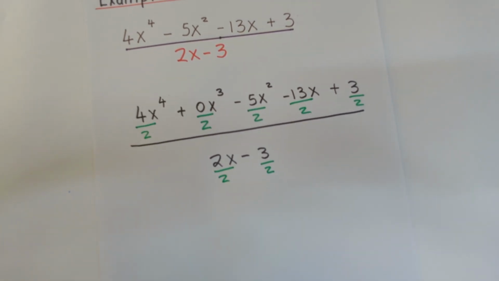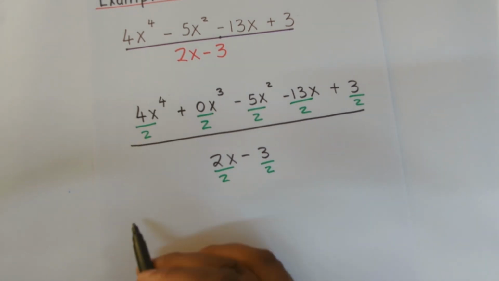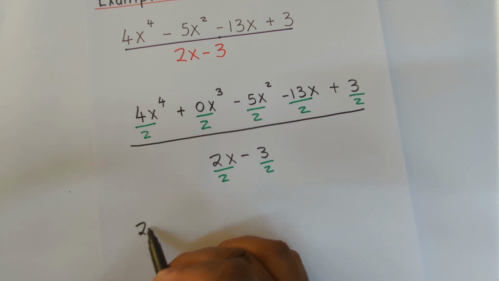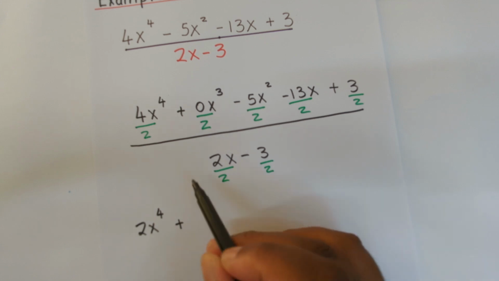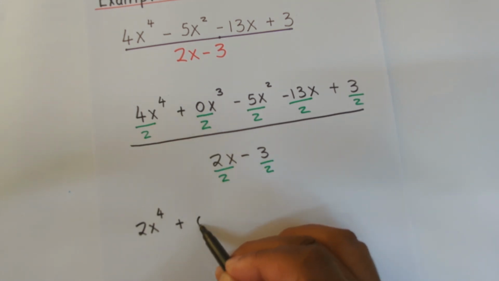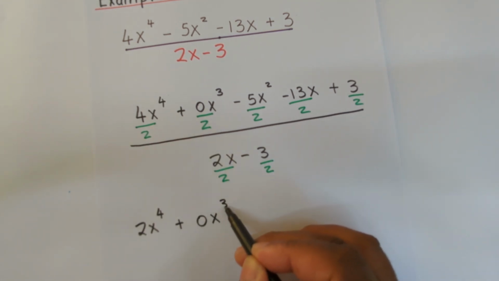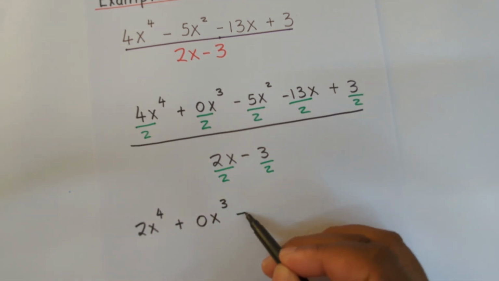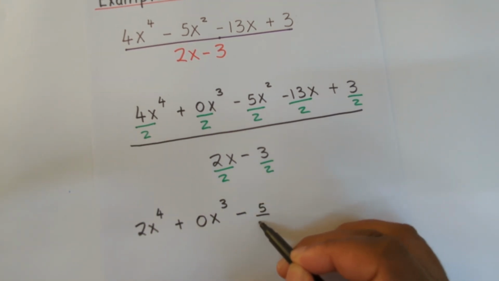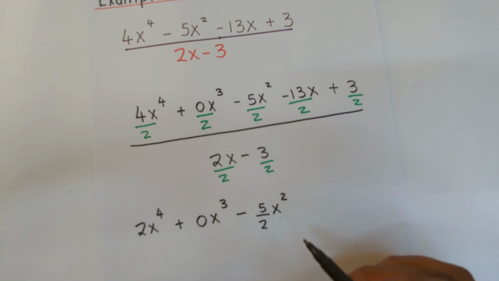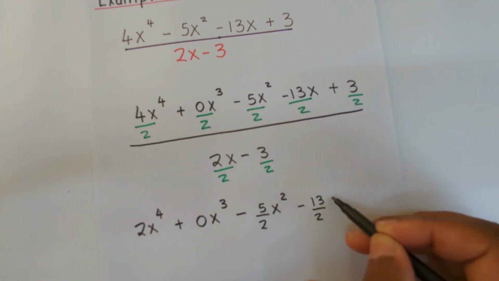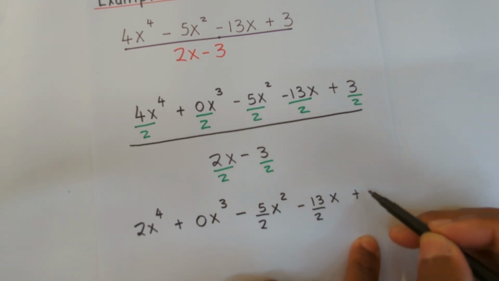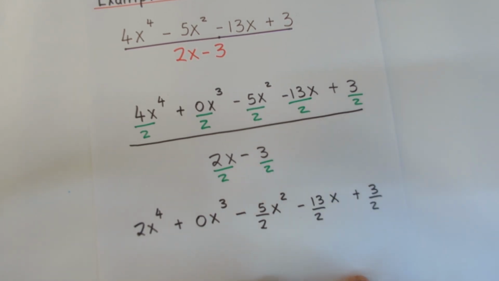So the first one will change into 4 divided by 2, that's 2, so it will change into 2x to the power 4, followed by the second one will remain 0, 0x to the power 3, followed by negative 5 over 2 x to the power 2, followed by negative 13 over 2 x, and lastly 3 over 2.